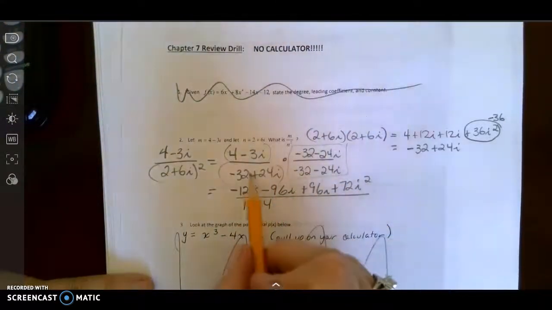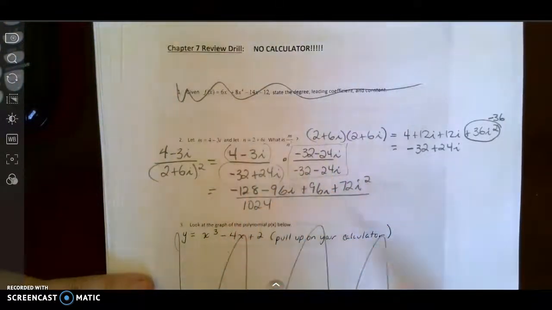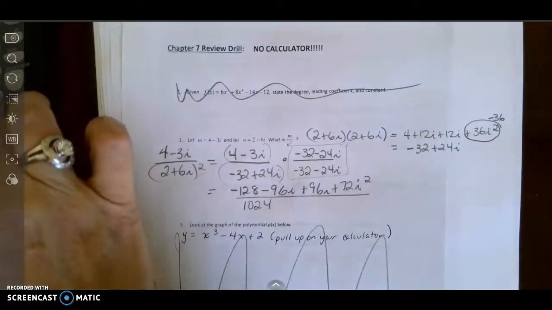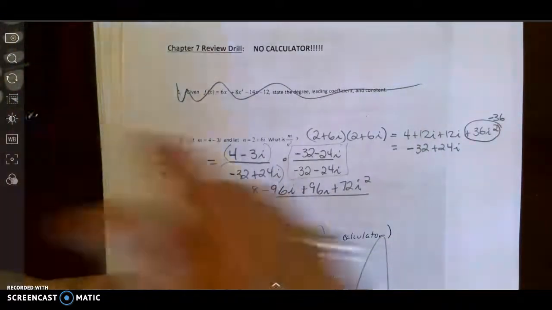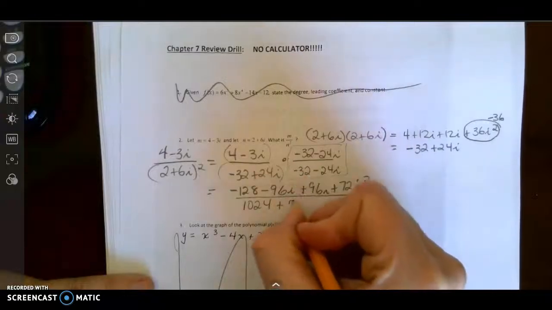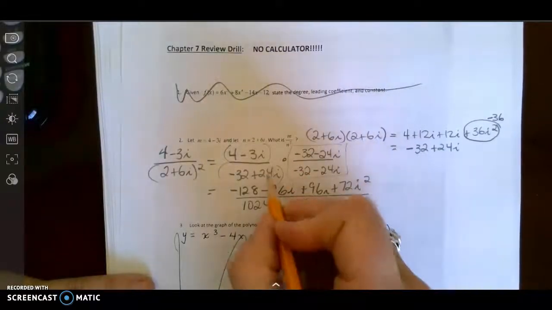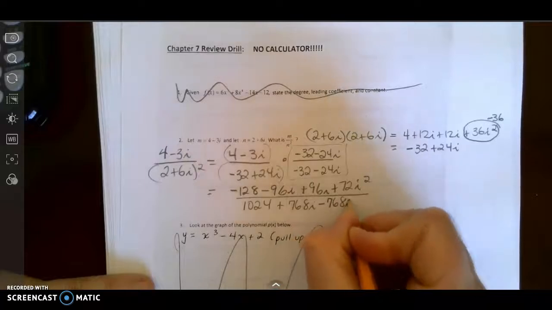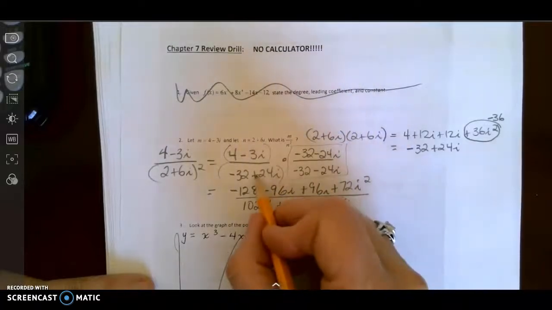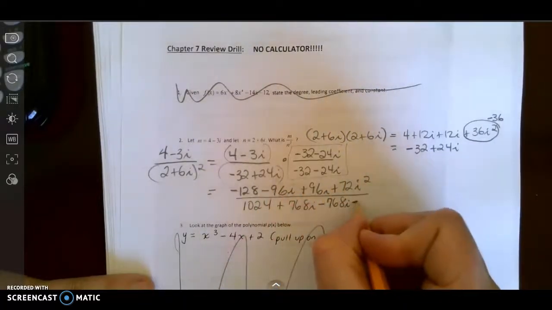And my outers and inners are going to cancel, but in case you want me to do that, I'll show you that. And we get plus 768i. Inners are going to be minus 768i. And then positive times a negative is a negative.